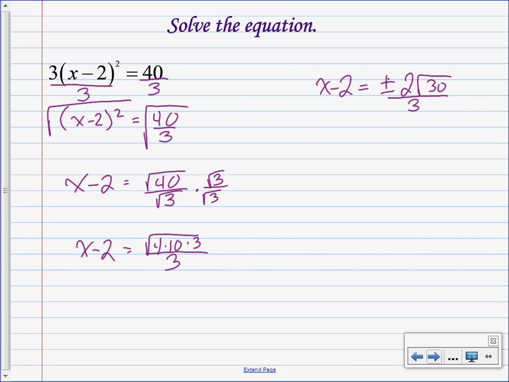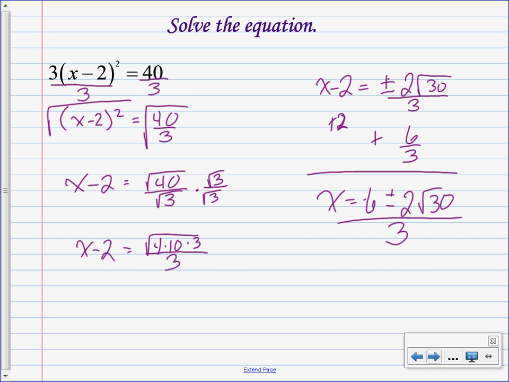Well, is x by itself? What do I need to do? Add 2. I'm going to add 2 over here, but I'm going to add a special 2 because it's a fraction. 6 thirds. So that gives me x equals, not plus or minus yet, 6 plus or minus 2 square root of 30 all over 3.